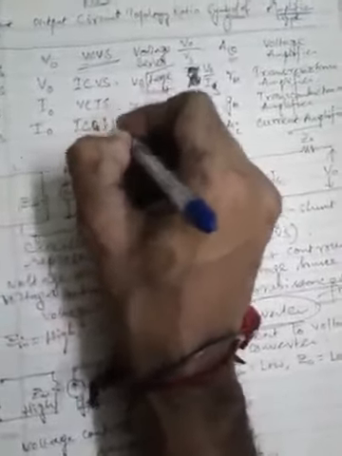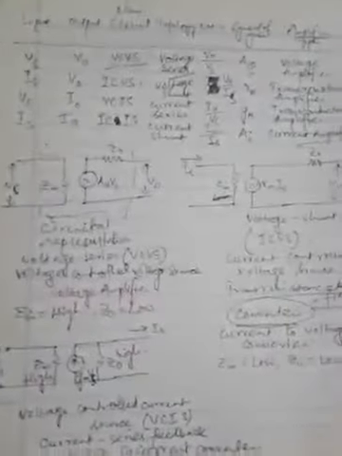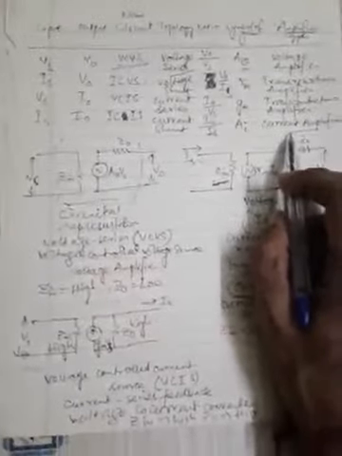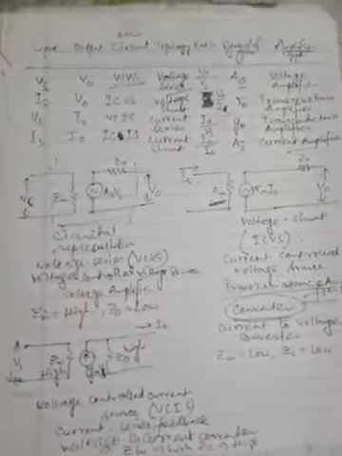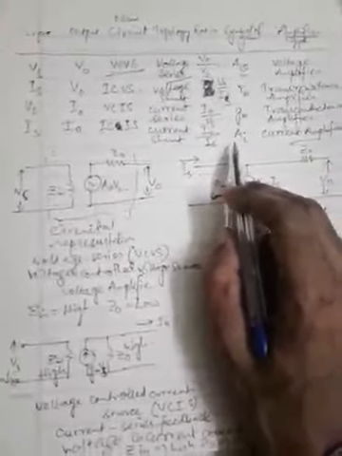That means we can write in the table: current controlled means IC, current source IS, current controlled current source IC by IS, and hence what is being formed is called a current amplifier, which gives the ratio of two currents in terms of its current gain.